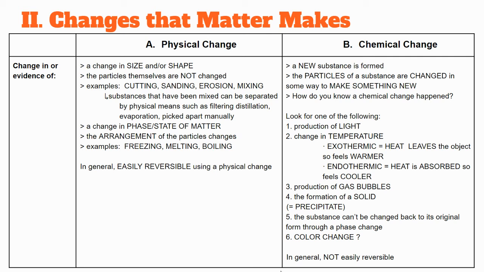Whereas a chemical change, also called a chemical reaction, we're forming something new, and we have those five pieces of evidence that we look for: a change in temperature, light being produced, gas being produced, solid being produced, and potentially color change, and these are not easily reversed. So there's a little summary of our different types of change that matter can make. Please make sure that you record some notes in your notebook.